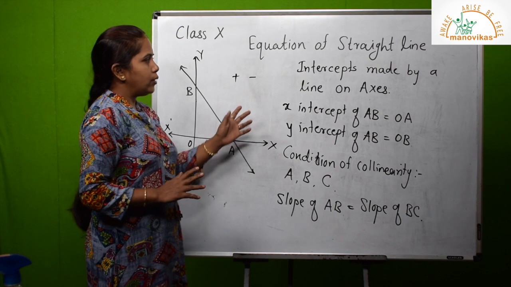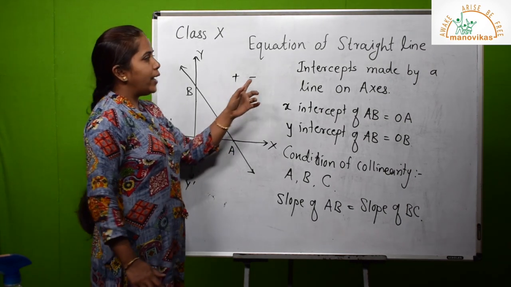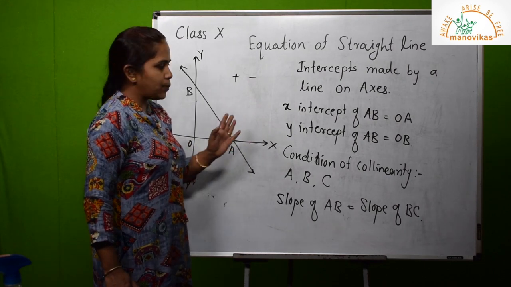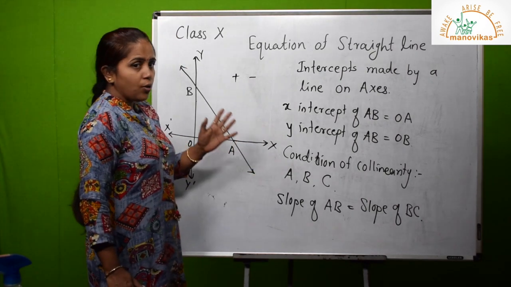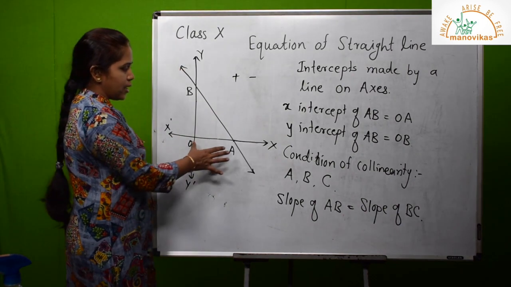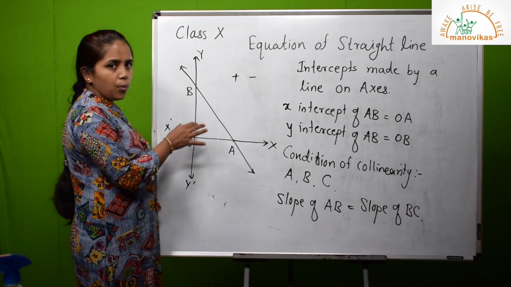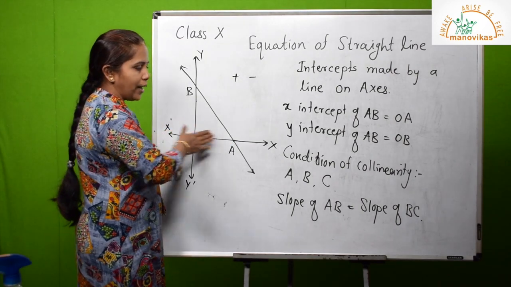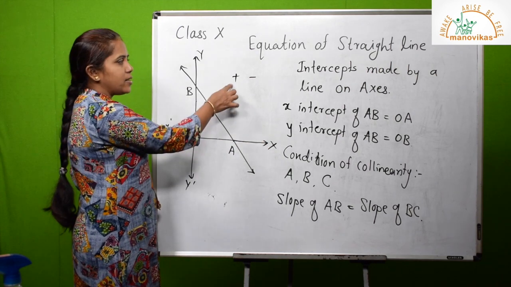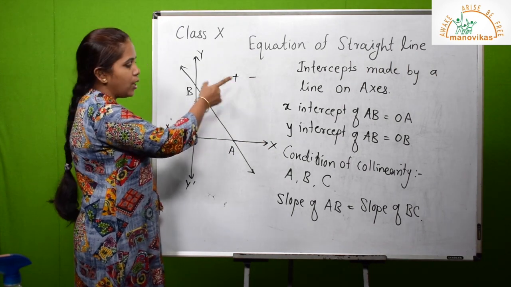Okay. Now there is one more thing about the intercepts made by a line on x-axis and y-axis, that is x-intercept and y-intercept, when it is positive and when it is negative. X-intercept, when the point is on right hand side, that is positive side of x-axis, then the x-intercept will be positive.